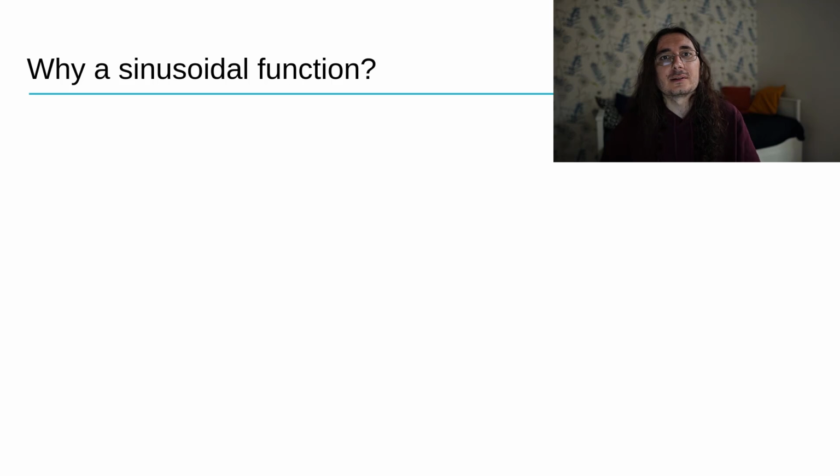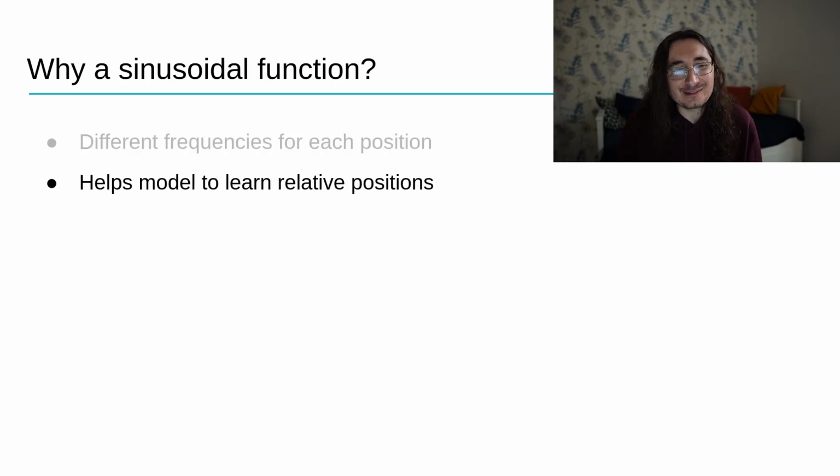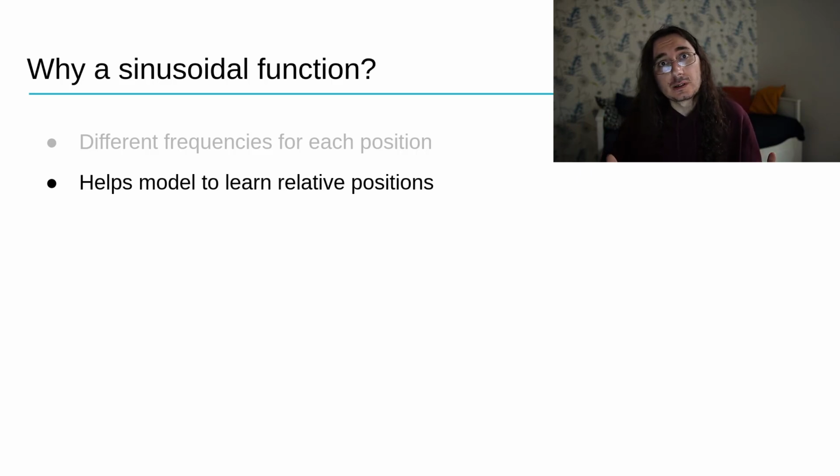Of course you could have used something else, but sines and cosines are very handy because you're going to get different frequencies for each position, and at the same time, sinusoidal signals help the model to learn the relative positions because a transformer can understand these sinusoidal signals quite well and separate them from the main input embedding, so that in the overall transformed embedding that has both the position and the content, the model is going to be able to separate the two.